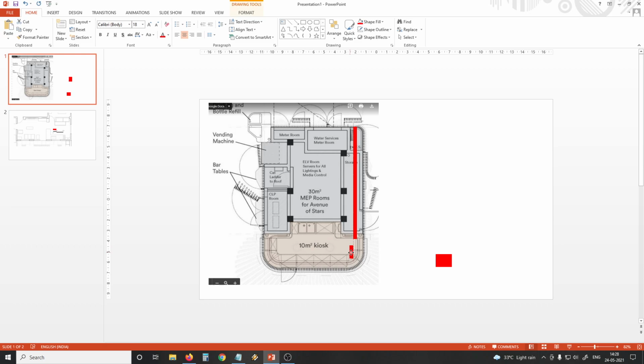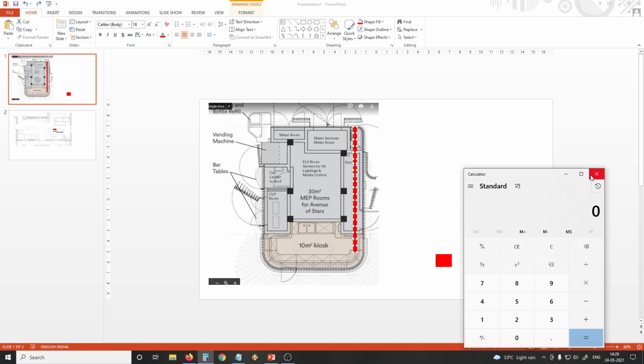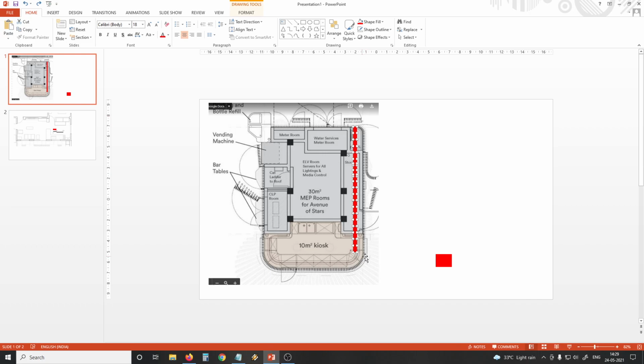So you have to check 1 2 3 4 5 6 7 8 9 10. So about 10, and so it's 600 into 10, about 6,000, which means 6 meters or so is the dimension here. And then it's here and a little bit more than that, maybe half of that, so around 300.